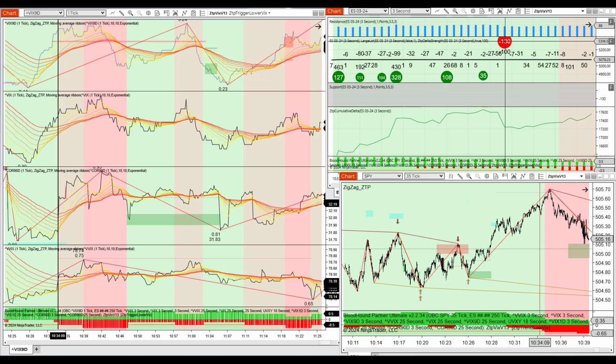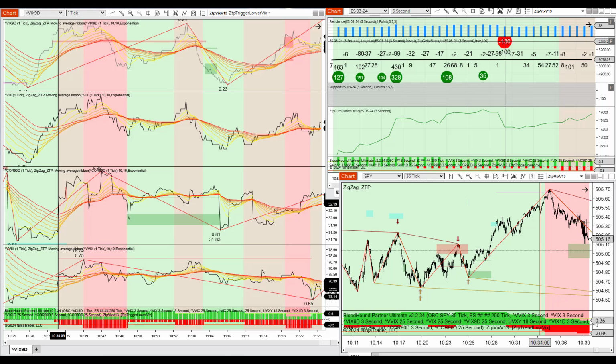Okay, after completely editing the video and getting ready to publish, I came up with an additional idea, and that was to place the delta strength with the 100 filter on the chart as you see here. And these charts are very interesting. This is from February 22nd, at 10:30 in the morning as we were making a high.